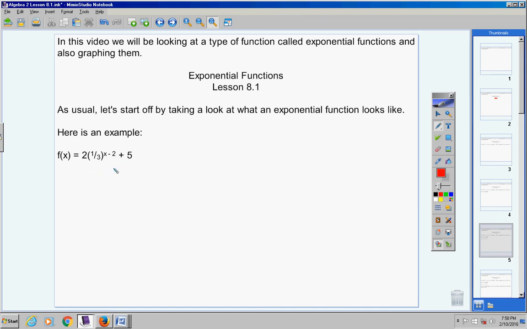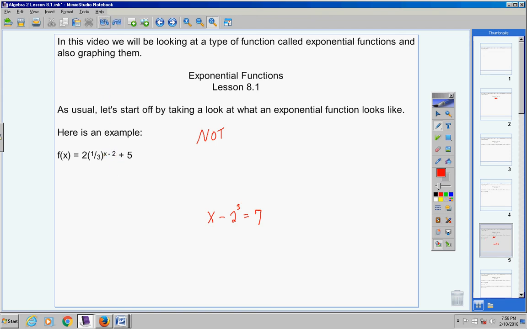Now, first of all, understand that we do not have an exponential function just because we have an exponent. For example, here is a linear equation. And we have an exponent right here, okay? So just because we have an exponent does not make it an exponential equation.